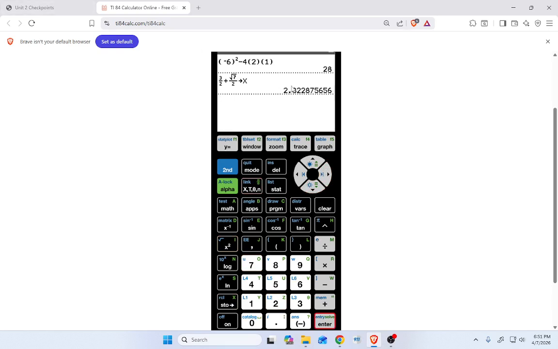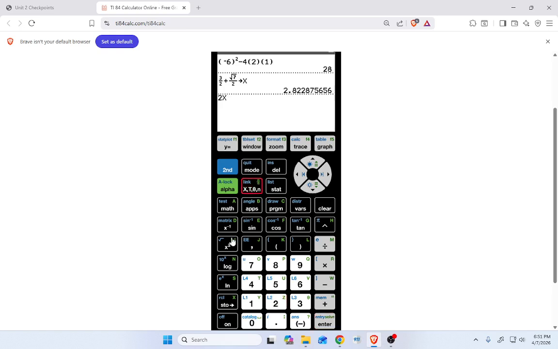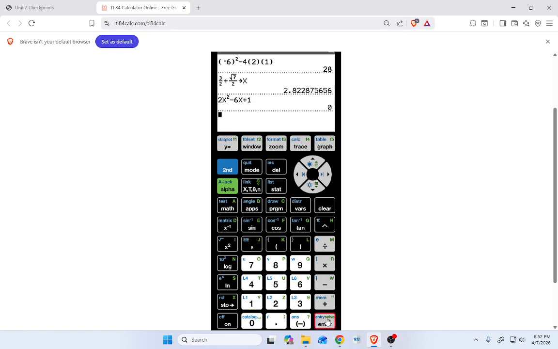And then, I don't really care what this number is, I just care that whenever I plug it in, it balances. So now plugging it into the original equation, 2x squared minus 6x plus 1. When I hit enter for my equal sign, I'm expecting to get an answer of 0. Let's see if that happens. Yes, it does. So we're good.